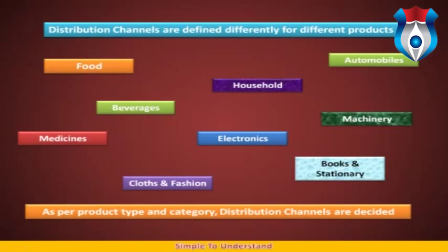In our daily life we use so many products and so many brands. We buy food products, beverages, household products, books and stationery, medicines, automobiles. So these are the different types of products, and as per the product type and category, distribution channels are decided.